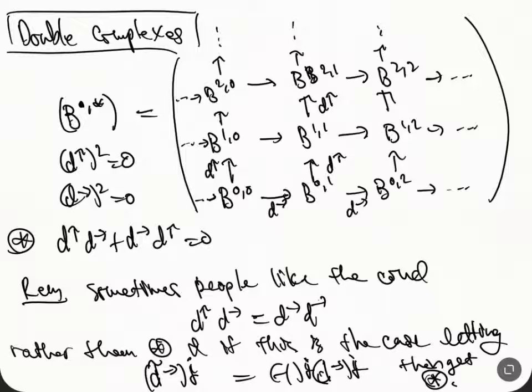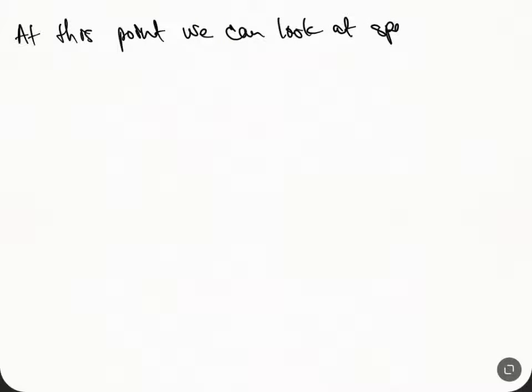Okay, so we have this double complex, and we can look at spectral sequences associated to double complexes. So this is what I was saying. So at this point, we can look at spectral sequences. So I still haven't told you what this sequence is associated to double complexes.